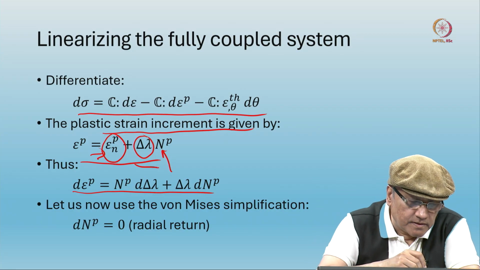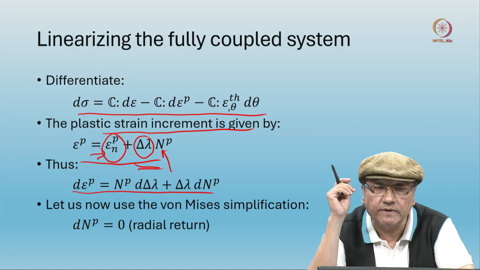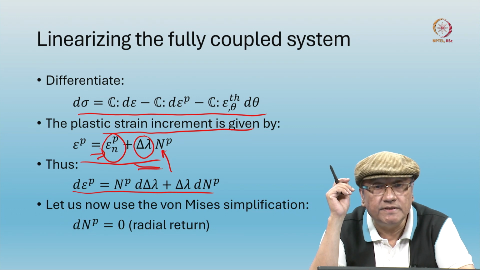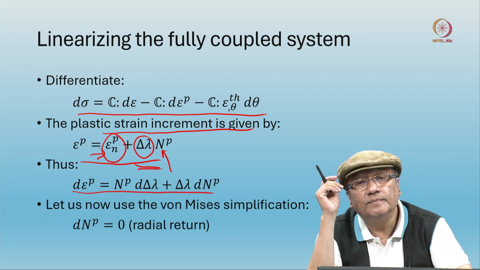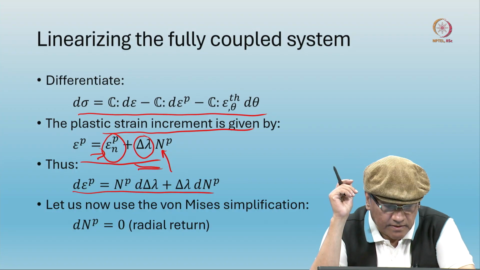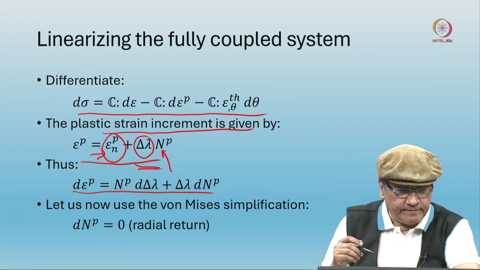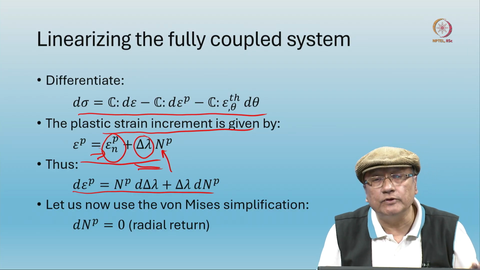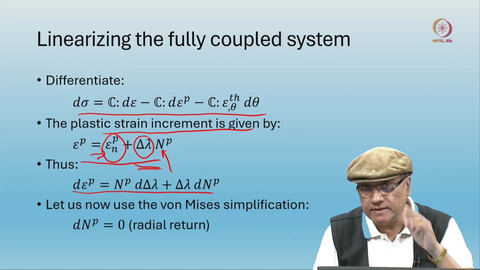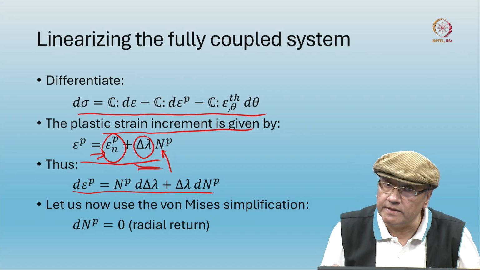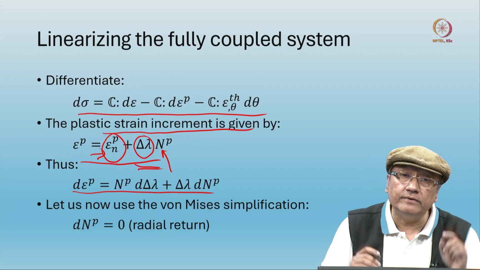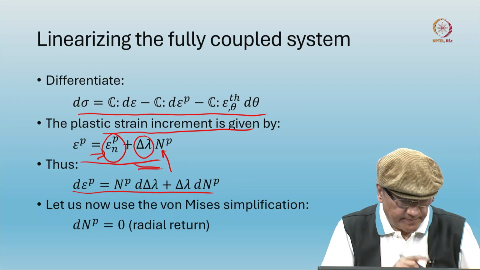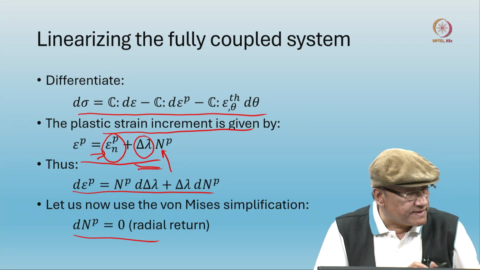So only this part will be useful in writing the expression for d epsilon p, which is given by Np times d of delta lambda plus delta lambda times dNp. Now recall from our last lecture that in the von Mises plasticity the plastic flow direction is fixed. Therefore dNp is 0 because it cannot change, it is a strictly radial return for the stresses. So we will stick to it.